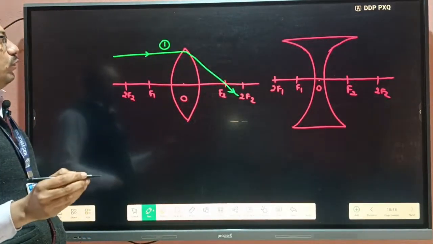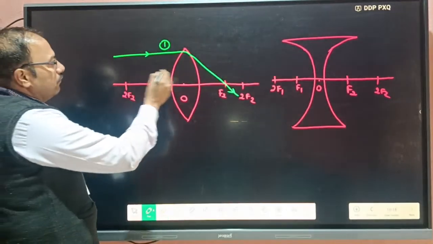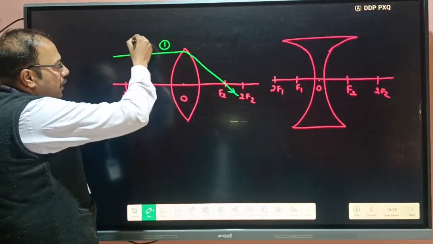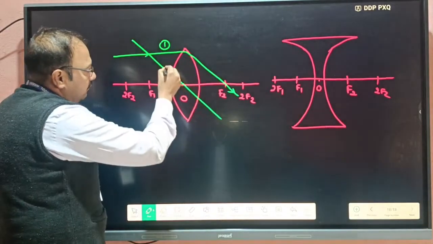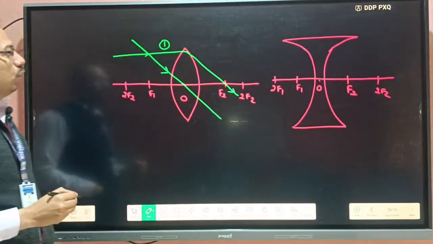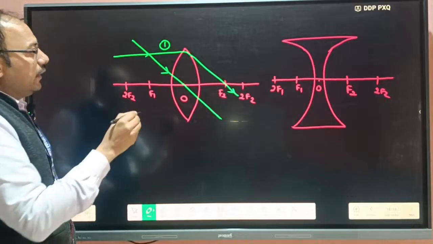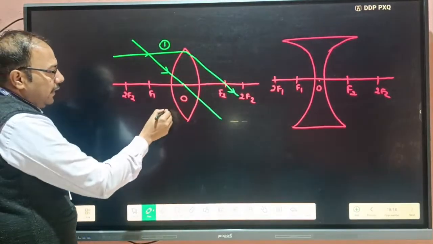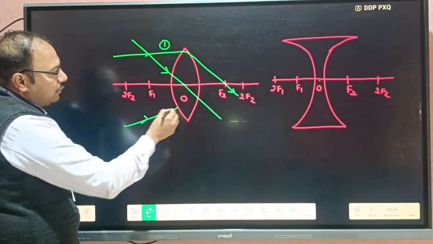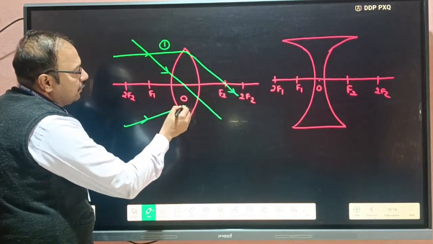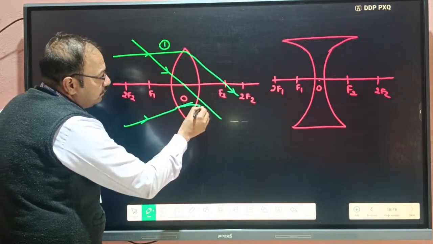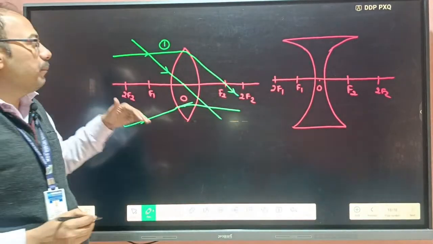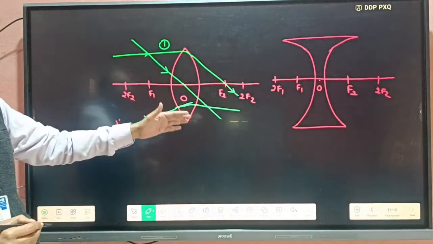And second rule, when a ray comes in the direction of the optical center, it passes through the optical center. And third rule, when a ray comes in the direction of a focus, after the refraction it passes through parallel. So this is going in a parallel direction.